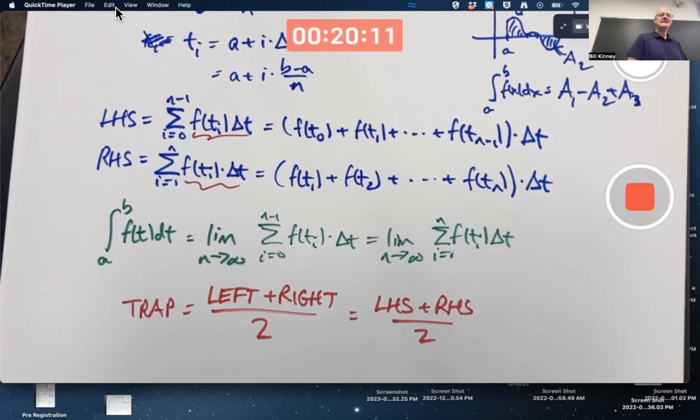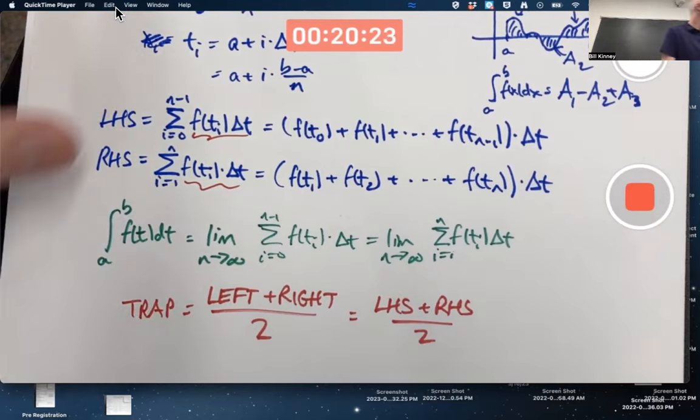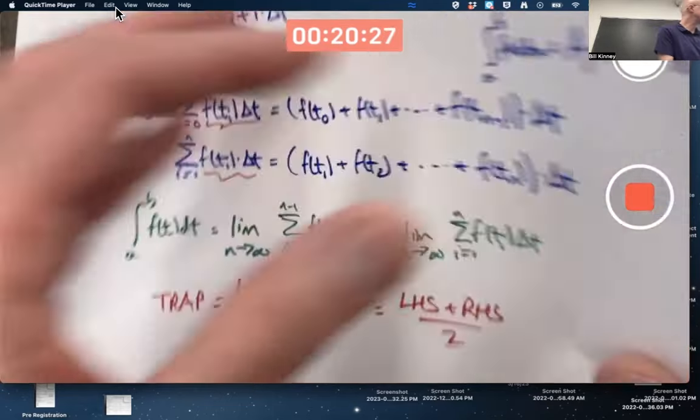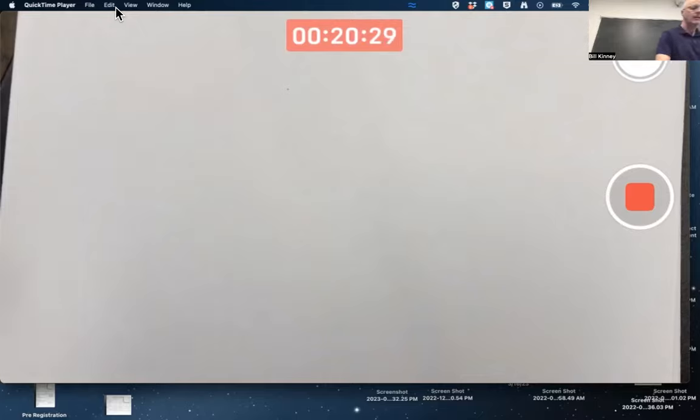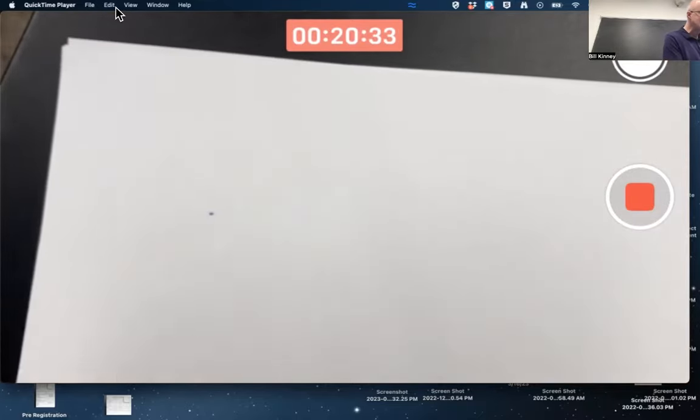All right, let's apply these ideas to an example. Now let's see how far in this example we can get without technology. Let's imagine, and once again, it's a physics example, where our function is giving us the velocity.